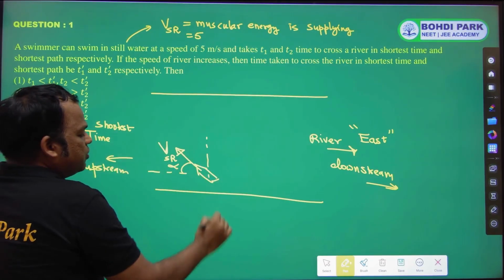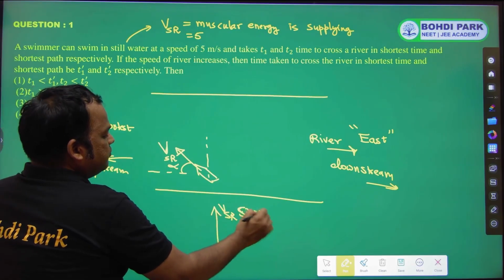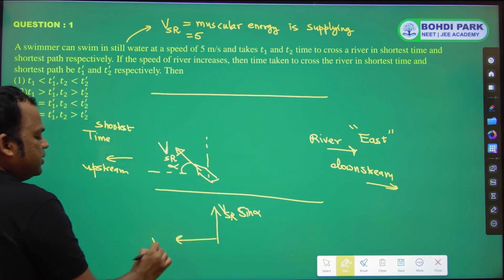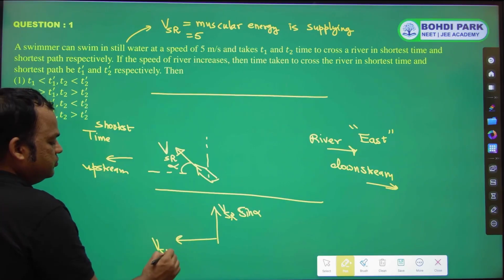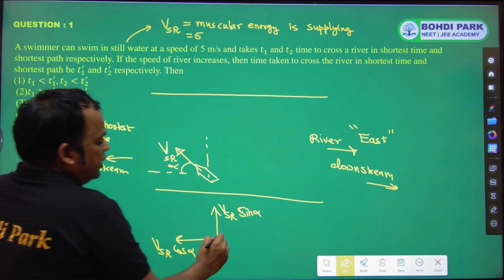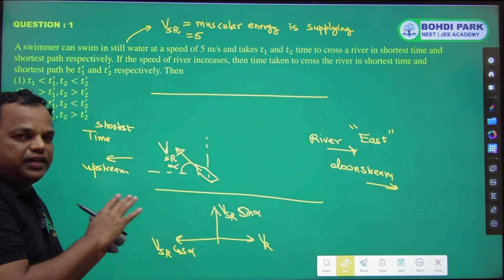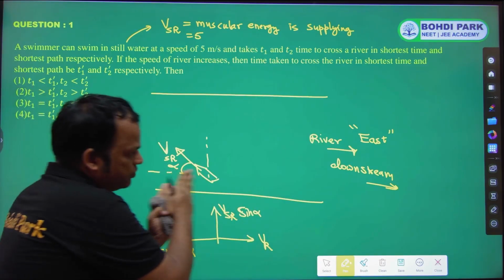If you take the components, it will be VSR sin alpha perpendicular to river, and VSR cos alpha along the upstream, and the river velocity is along downstream. River will take the boat or the swimmer downstream.